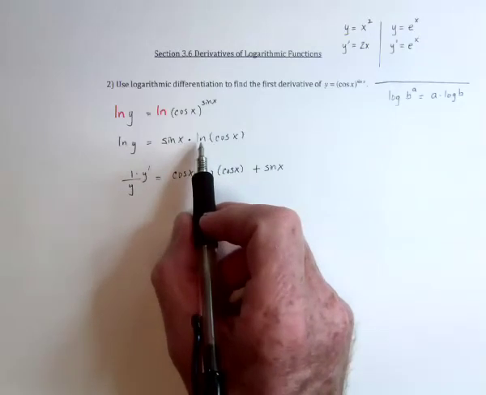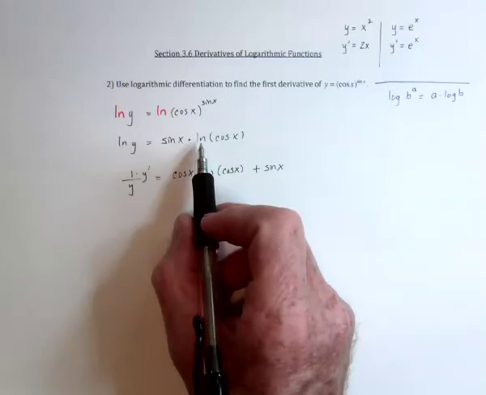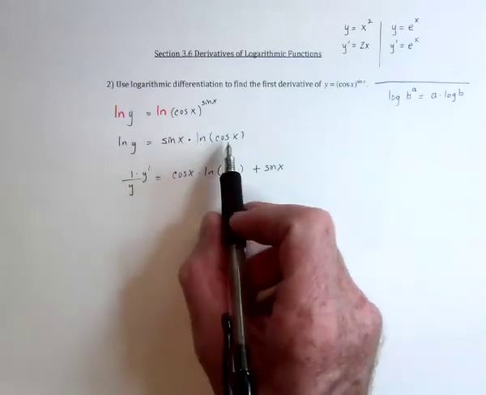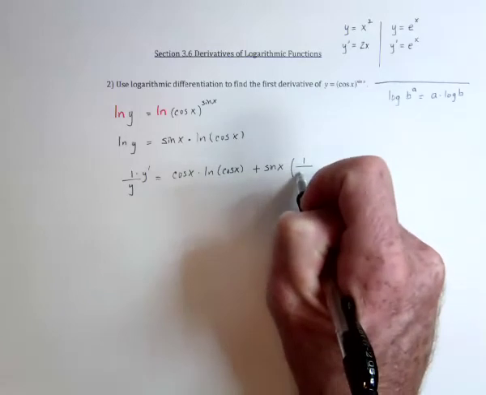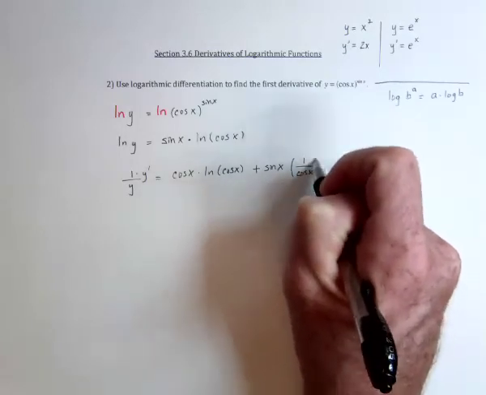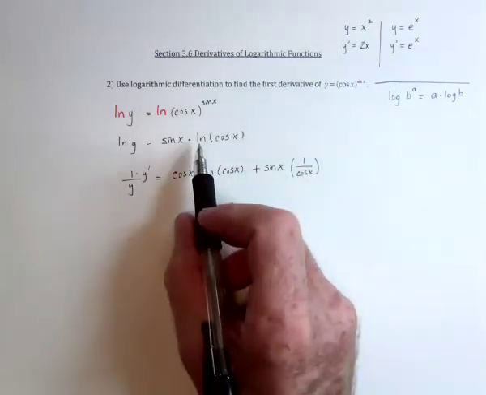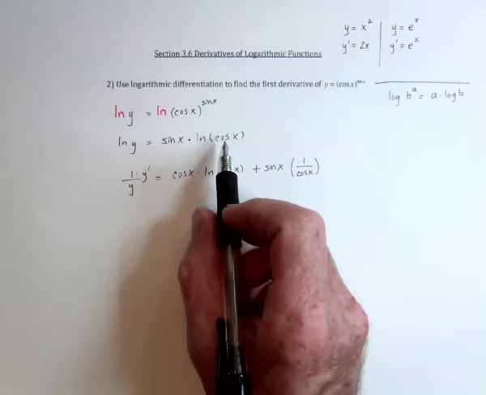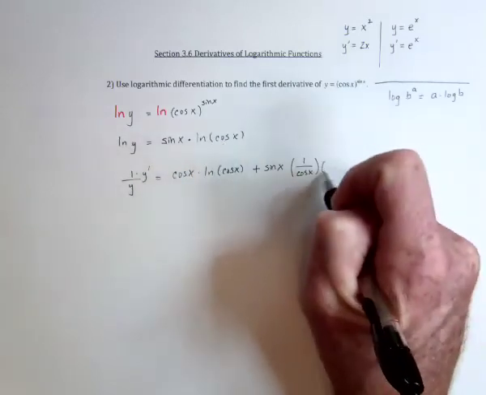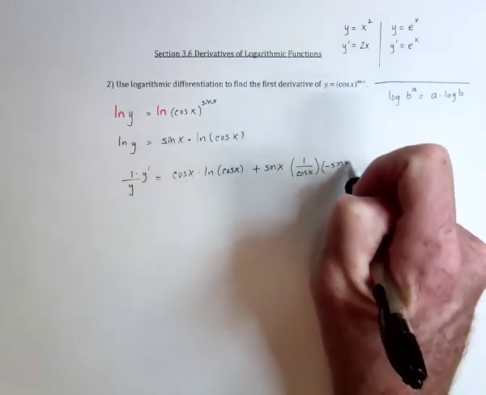So the natural log is the outer function, take the derivative of that first, which means it's 1 divided by whatever's in the parentheses. And now we're done with the logarithm. We took the derivative of that. Next, the chain rule says take the derivative of this cosine, which is negative sine of x.